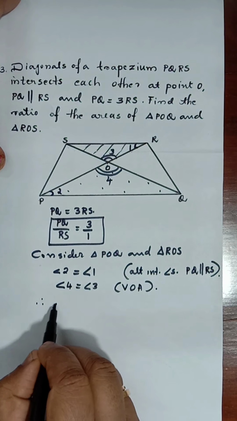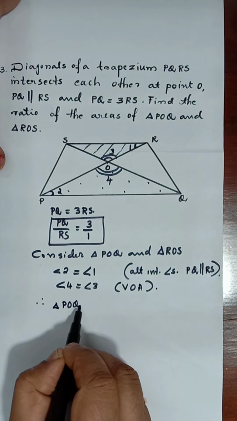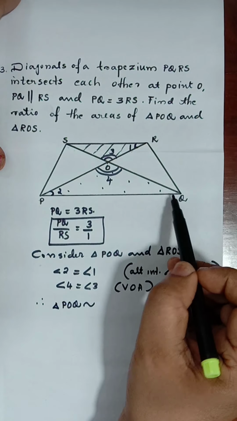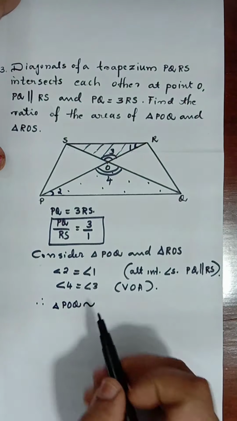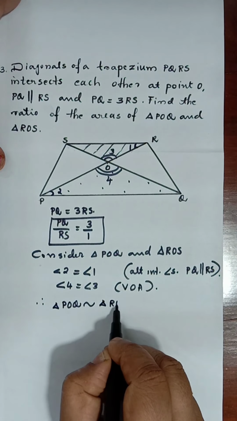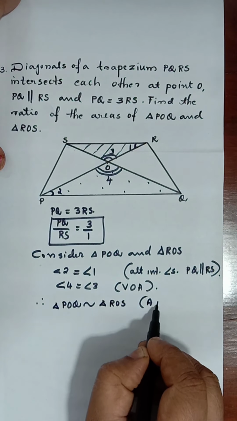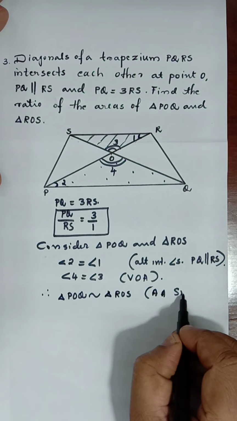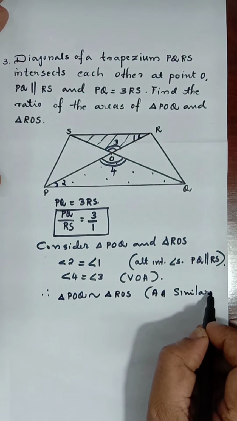Therefore, we can say triangle POQ is similar to triangle ROS. This is by AA similarity criterion.